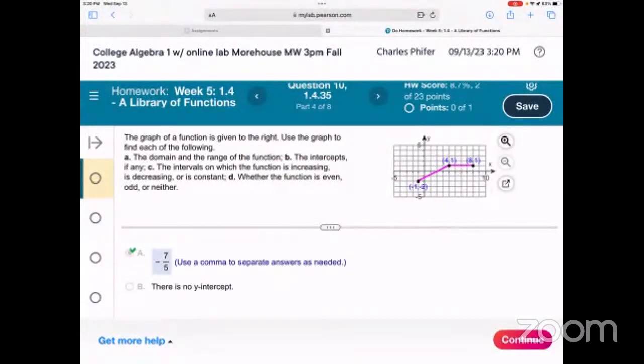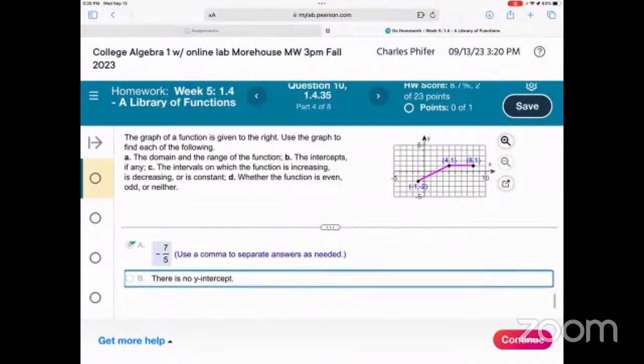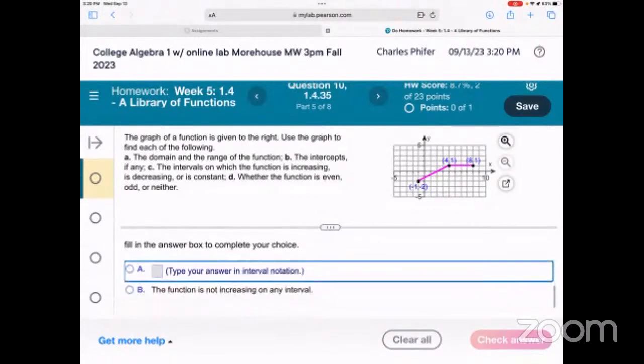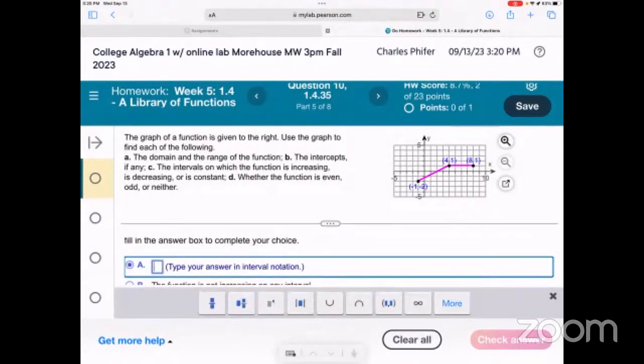Okay, so then for part C, increasing, decreasing, or constant. Notice as we trace the graph from the left to the right, initially it's increasing. It's increasing as x moves from -1 to 4, so we write open parentheses, -1 to 4, close parentheses.